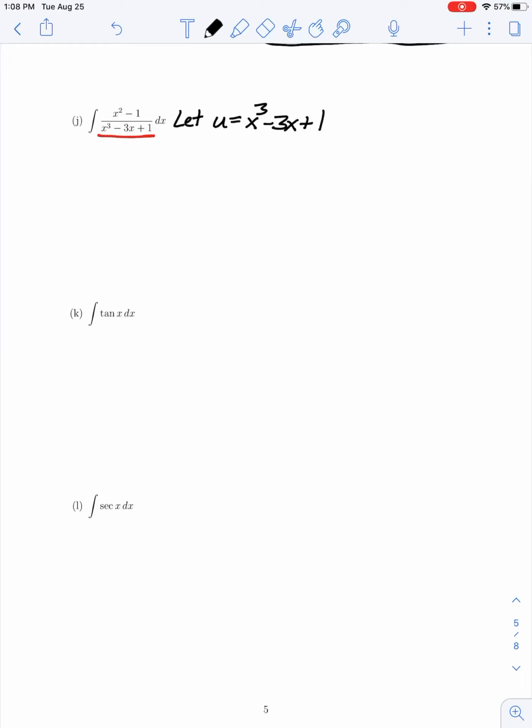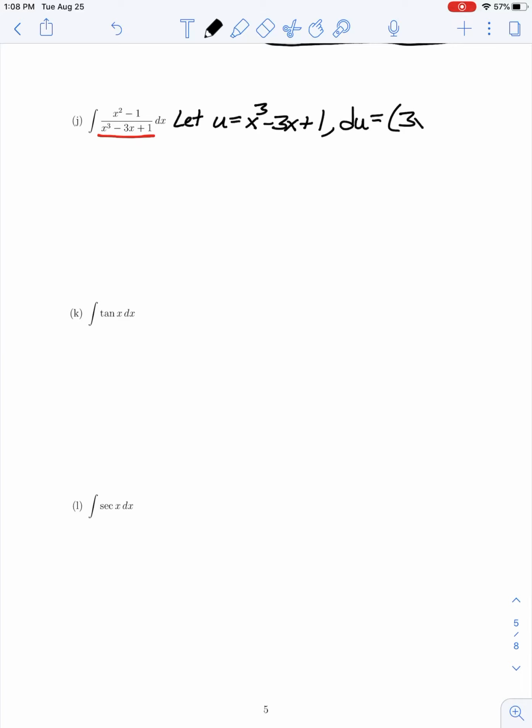3x plus 1. Now the rest of this method works the same as what we've been doing. Here we're just making a different sort of choice for u. Instead of the inner function in a composition, we're choosing it as a denominator of some quotient. Now our next step in this process of substitution is to find the differential of u.